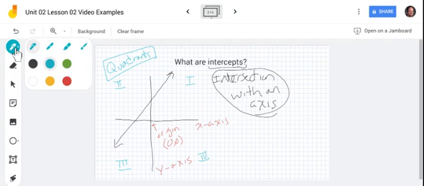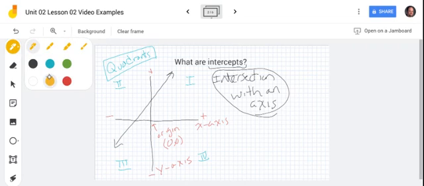Everything to the right of the origin is positive. Everything to the left of the origin is negative. Everything above the origin is positive. Below the origin is negative, which means everything in quadrant 1 is a positive x and a positive y. Quadrant 2, negative x, positive y. 3, negative and negative. 4, positive x, negative y. That never changes. That is a constant for everything.